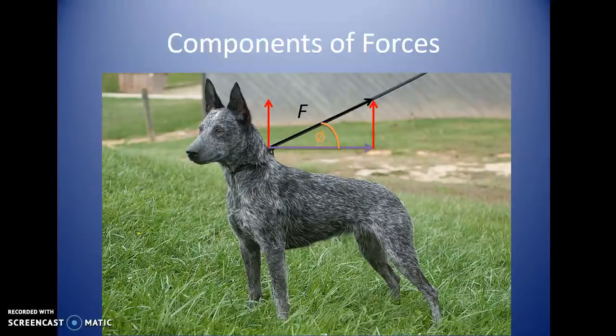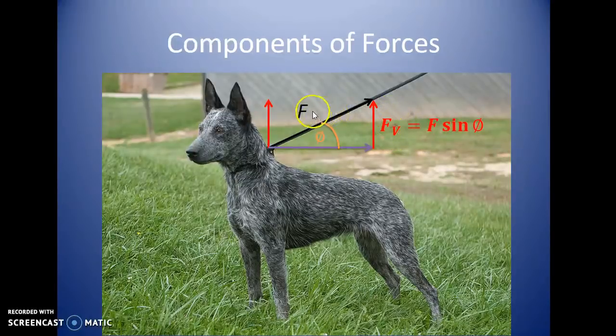We can move the red arrow across just to make our lives a little bit easier, and we can then find, using trigonometry, as long as this angle here is a right angle, remember, then we can use SOHCAHTOA to find this length, and that length will be given by F sine theta because it's opposite over hypotenuse.